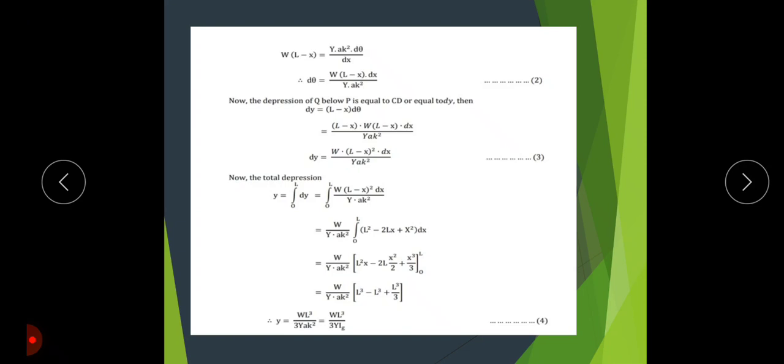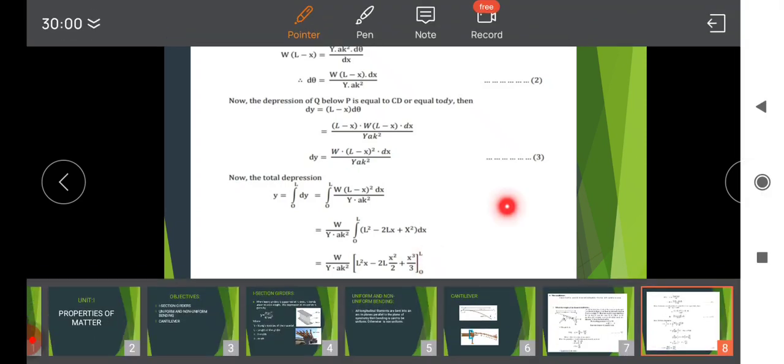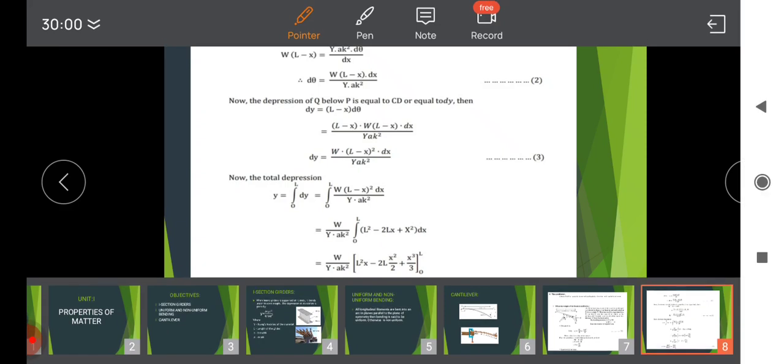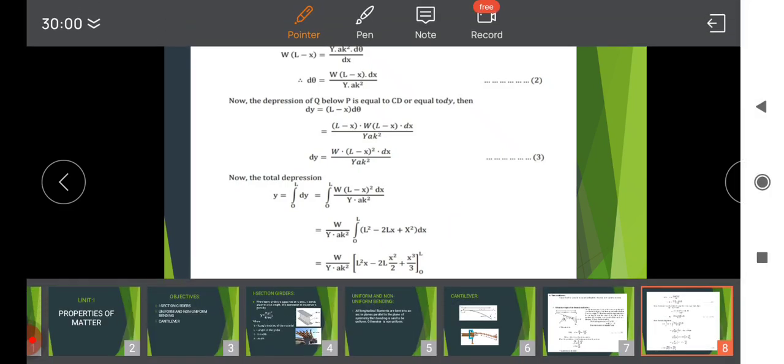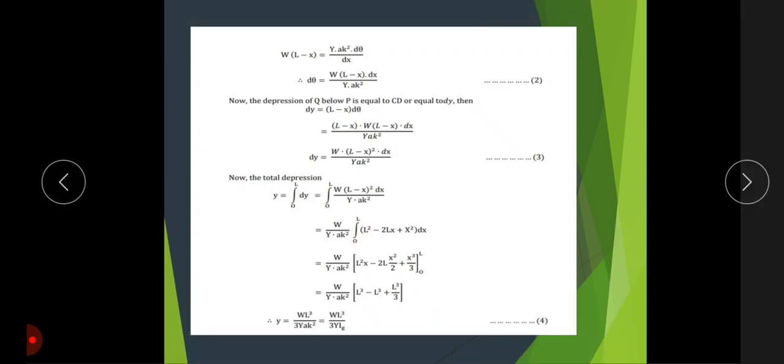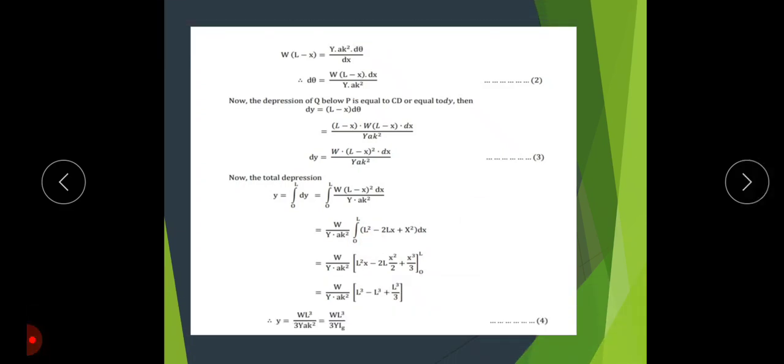Next, taking the limit as 0 to L, the expression becomes w divided by Y k square into, in the position of x we substitute x is equal to L. So L square into L, that is L cube.